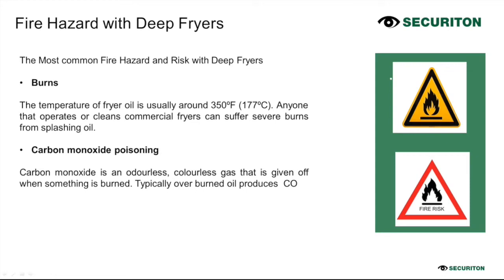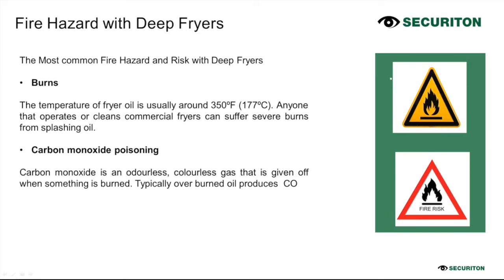Second, we need to mention carbon monoxide poisoning. Most commercial or industrial deep fryers do produce carbon monoxide. It's odorless, so not many people are aware of the presence of this gas.